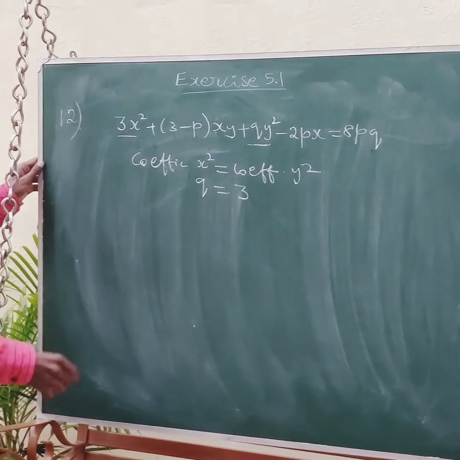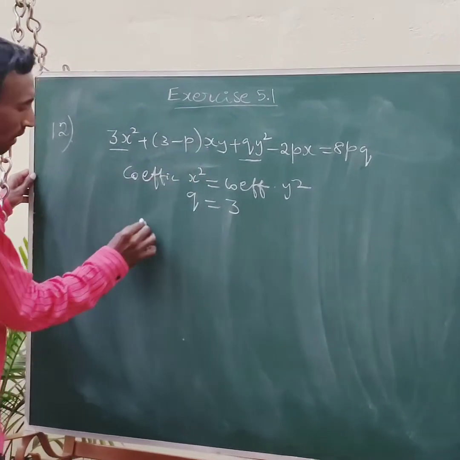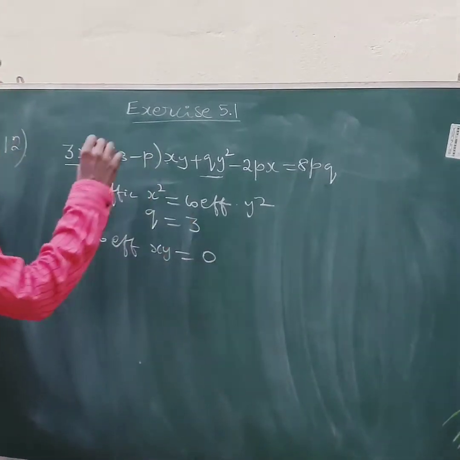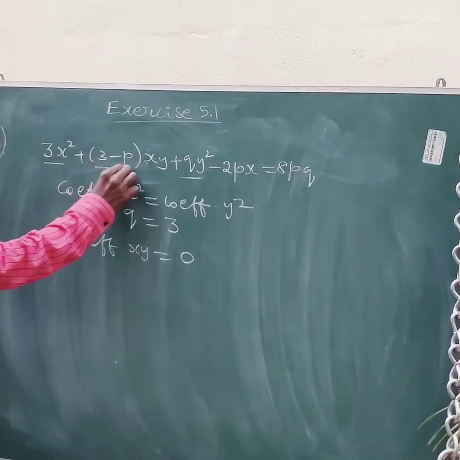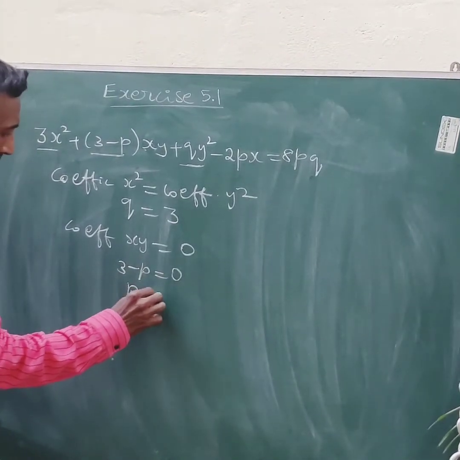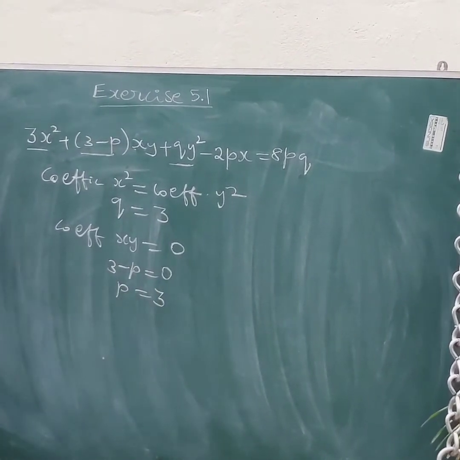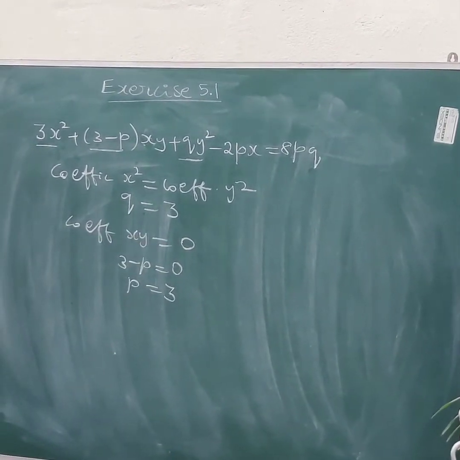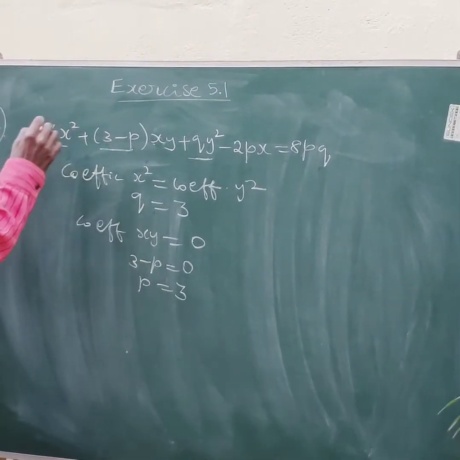And another thing, in a circle the coefficient of xy is 0. So what is the coefficient of xy? 3 minus p equal to 0. So p equal to 3. So we get p and q both are 3. So now replace the values in the given equation.